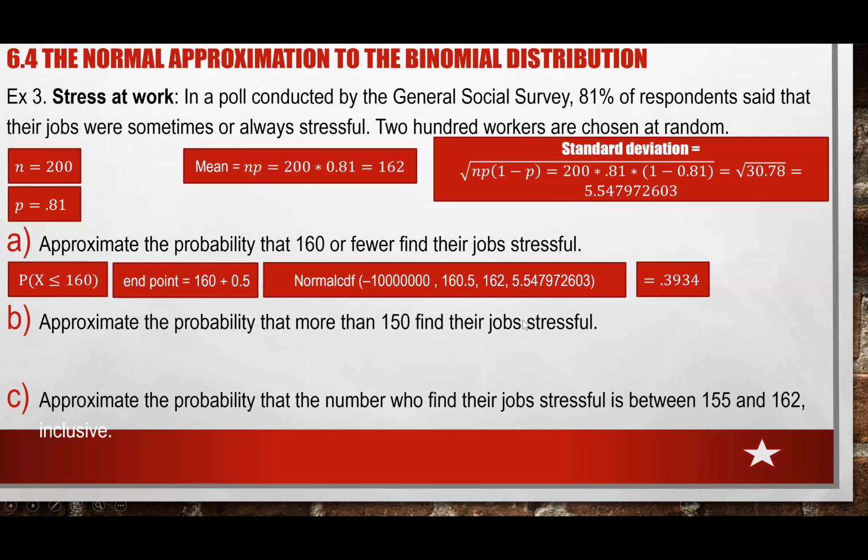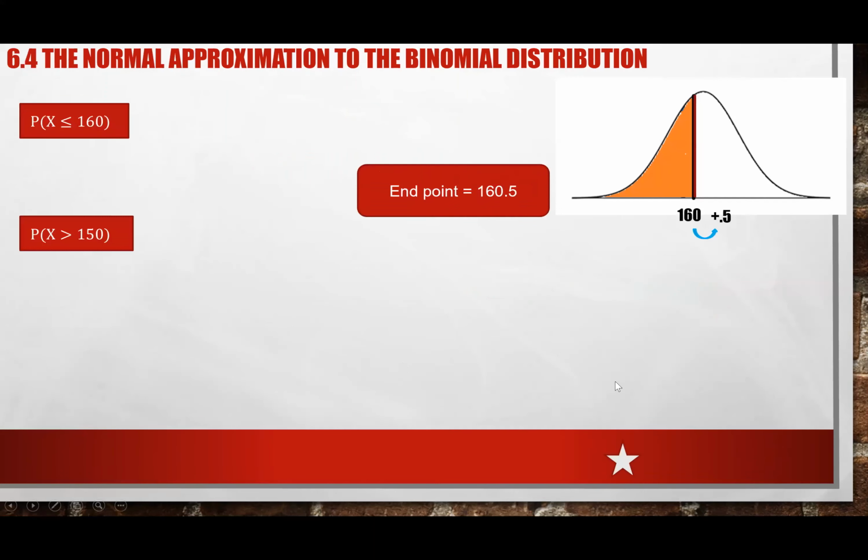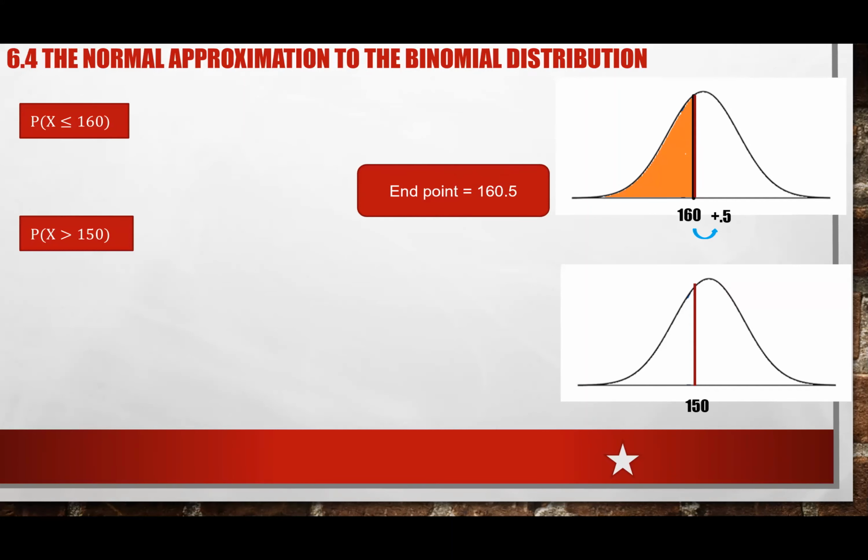Okay. And again, same thing: approximate the probability of more than 150. What does more than 150 mean? The X we're looking for has to be bigger than 150. I sketch 150, and because it's bigger than 150, I shade to the right.